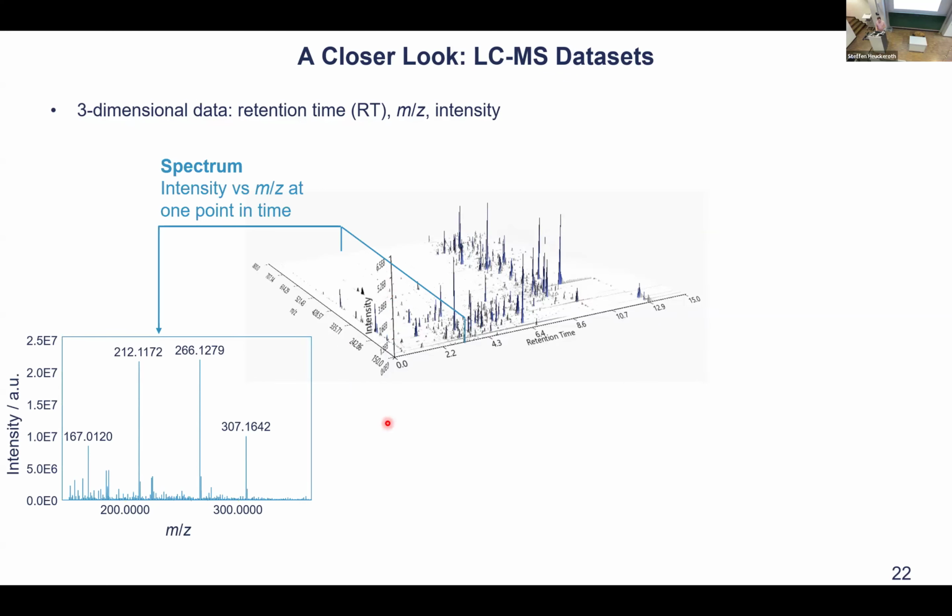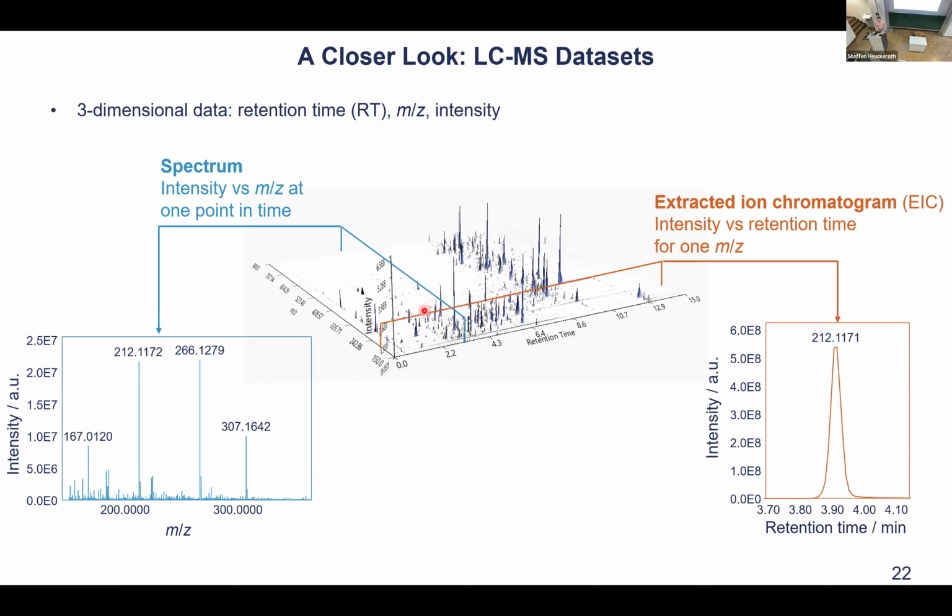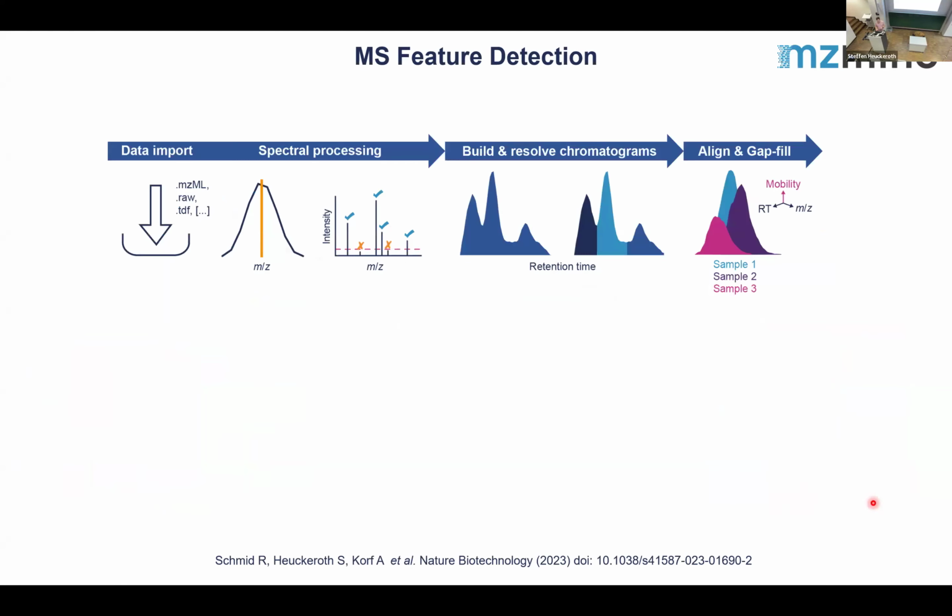If we look at the data this way, we can see the individual mass spectra, as our mass spectrometer is constantly acquiring mass spectra. If we look at it in the other direction, we can extract the ion chromatograms. From these ion chromatograms, we basically want to know that the peak starts here and ends there, and this is our feature.